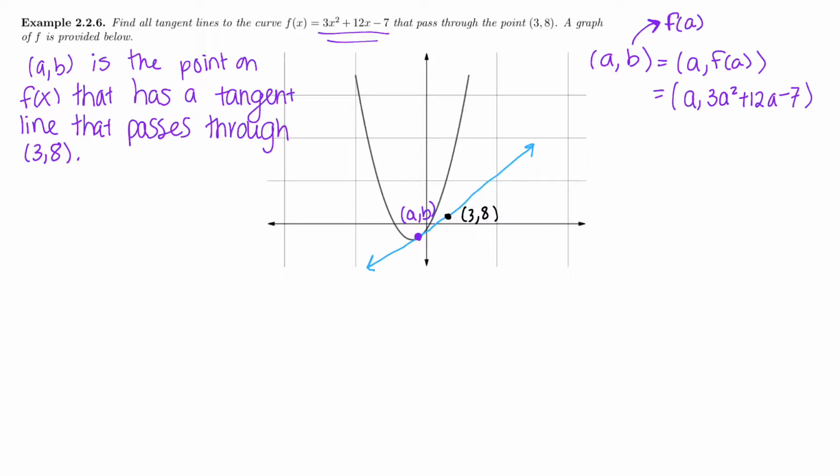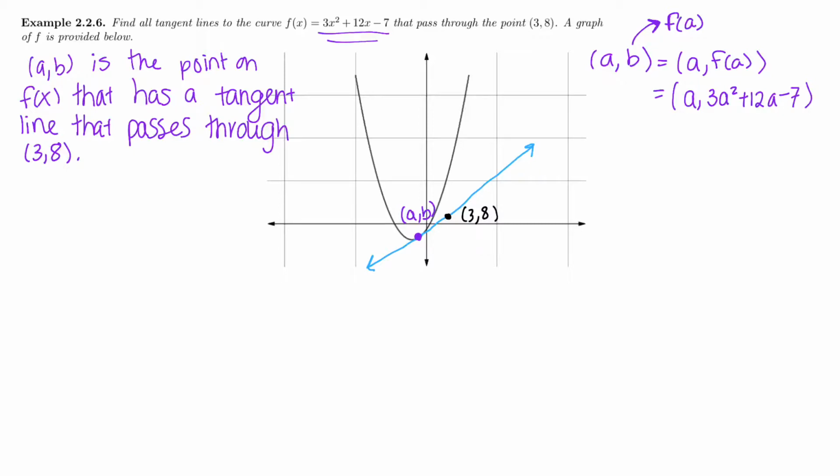So now we've got to think about what we're going to do with this information. We have a point that the tangent line should pass through. And what are we going to do here?